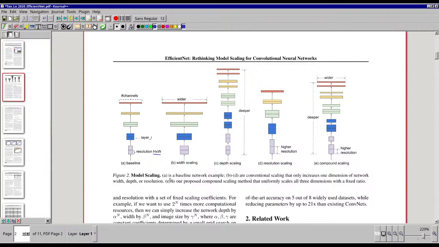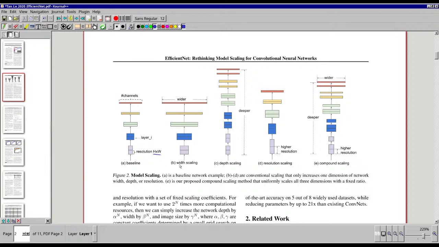Model scaling: (a) is the baseline network. (b) to (d) are conventional scaling that only increases one dimension of network width, depth, or resolution. (e) is our proposed compound scaling method that uniformly scales all three dimensions with a fixed ratio.